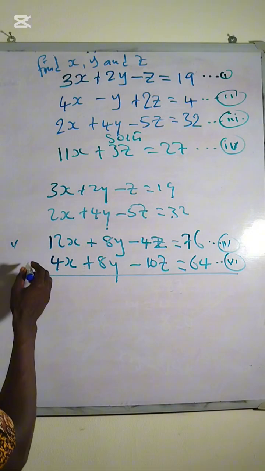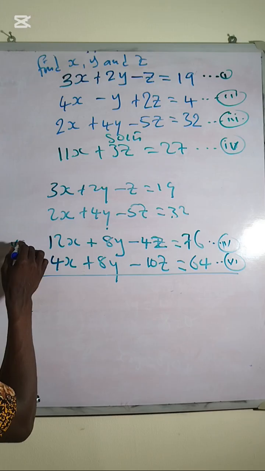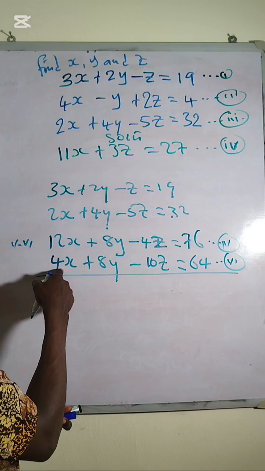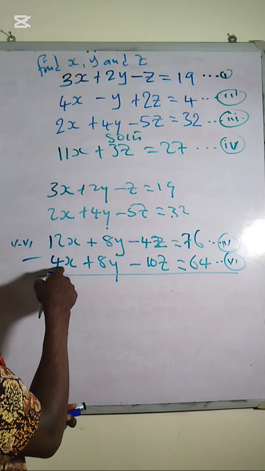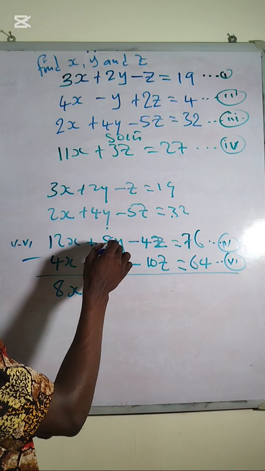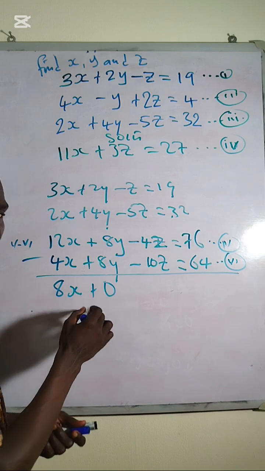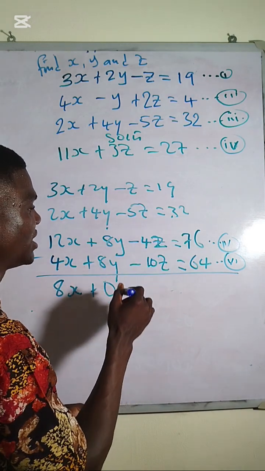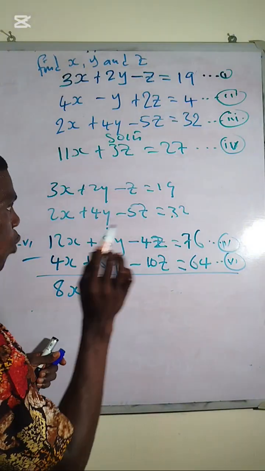Anyone can go. So let us do equation 5 minus 6. So put minus sign: 12 minus 4 will give us what? 8x. This minus this will give us 0, right? Then 4z minus 10z. Watch what you are having.